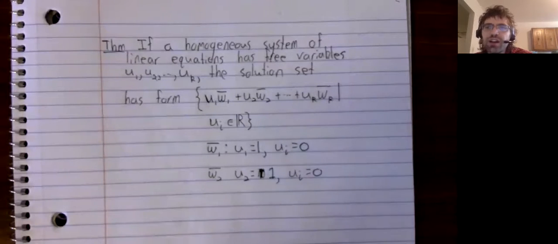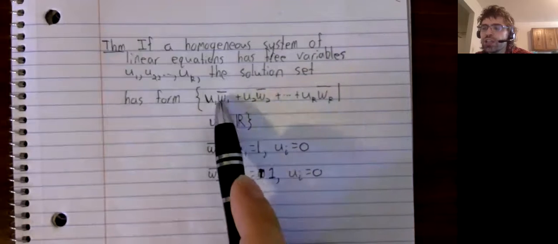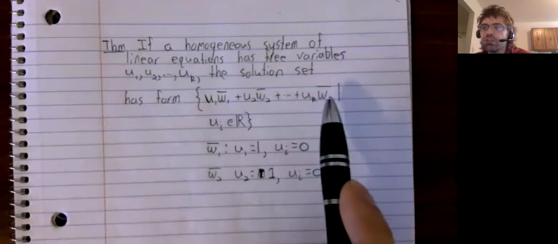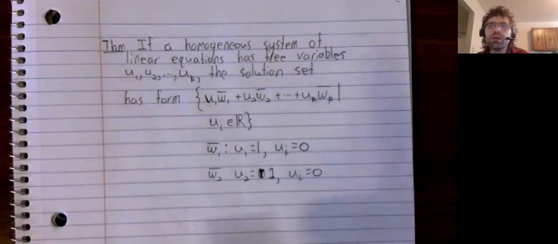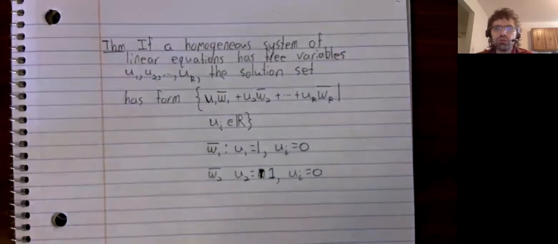We haven't defined linear independence yet, but we will very shortly. So this is just like when you used the superposition principle to take a bunch of simple solutions and add them all up and get a general solution.